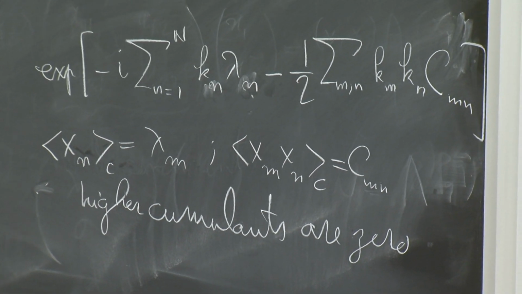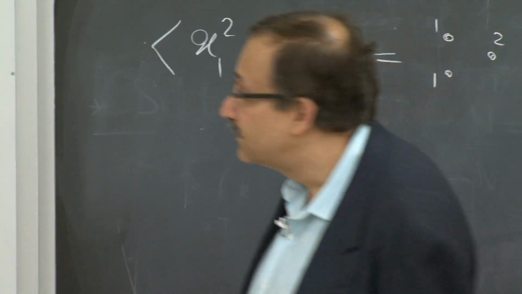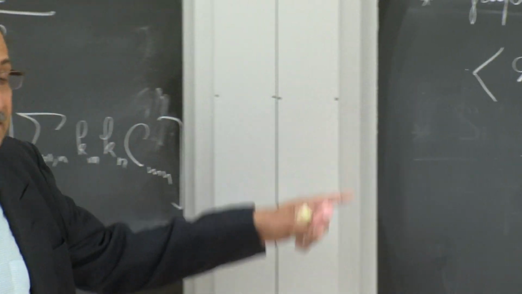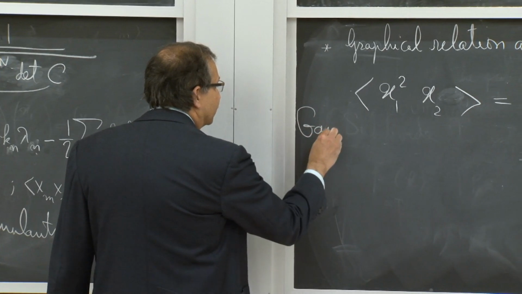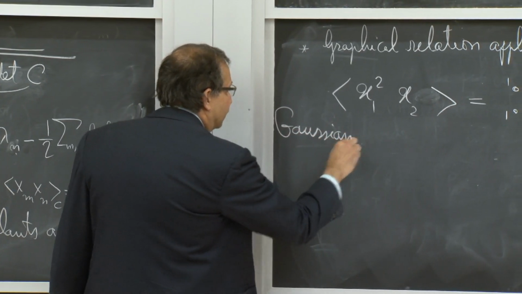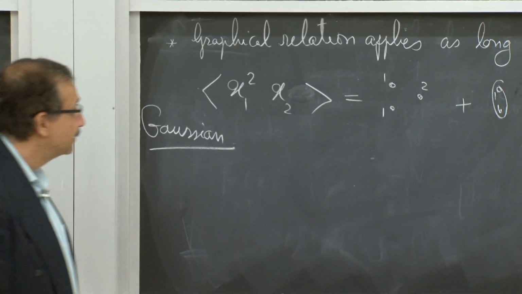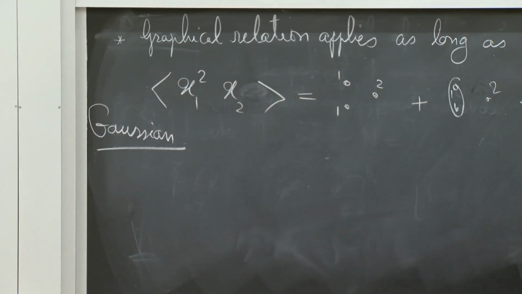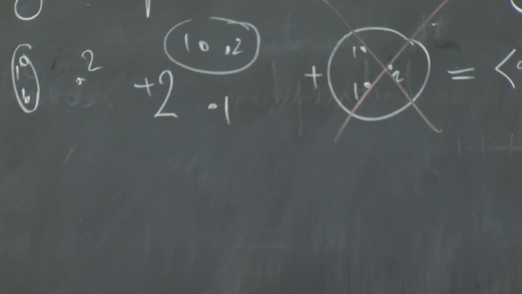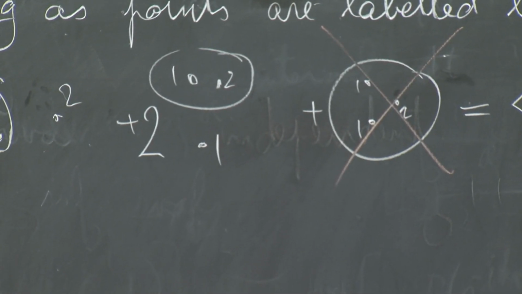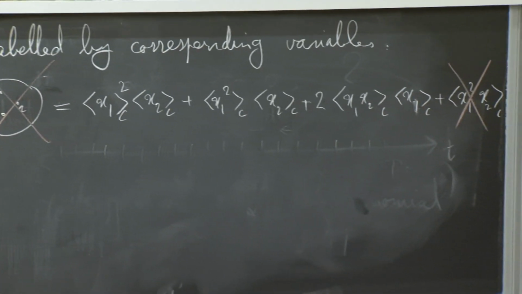So for example, if I were to calculate this thing that I have on the board here for the case of a Gaussian, I would not have this third term. So the answer that I would write down would be something that didn't have this.